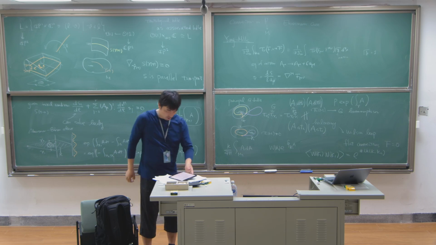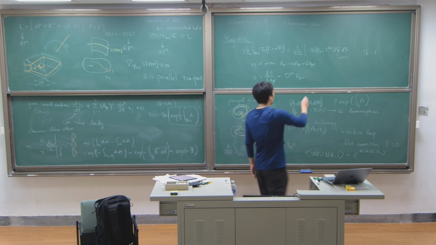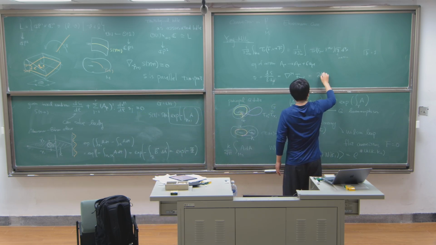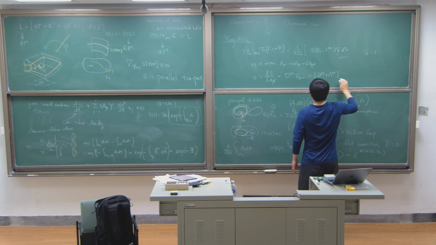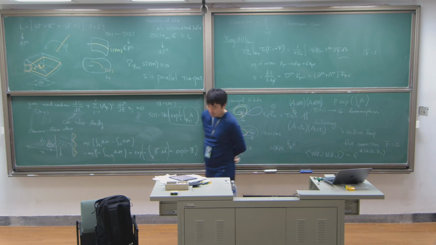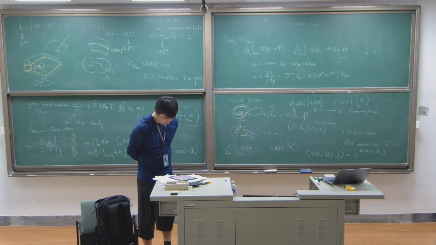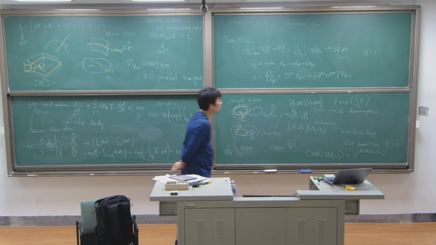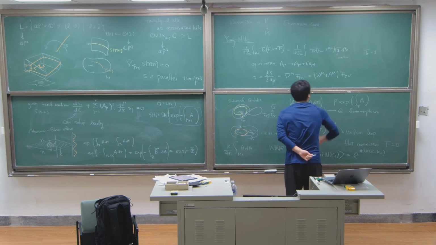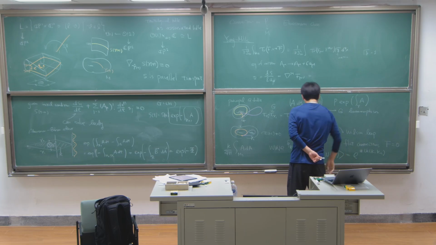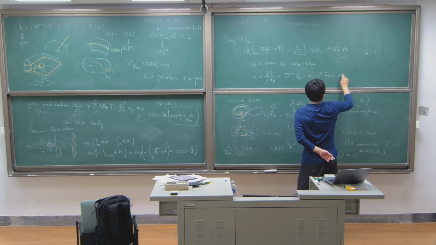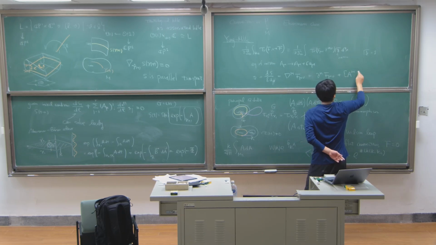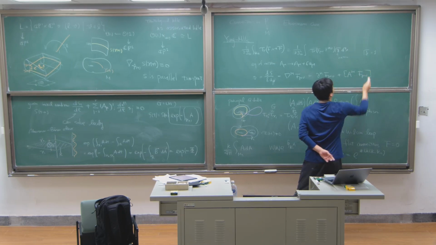Maybe I should specify how it acts: partial mu F mu nu plus A mu acting on F mu nu.